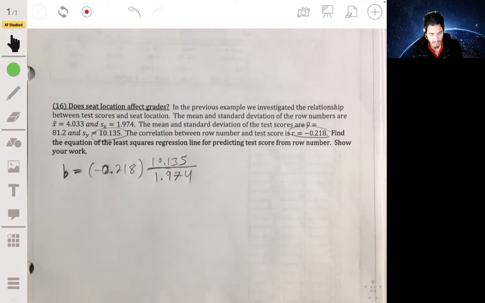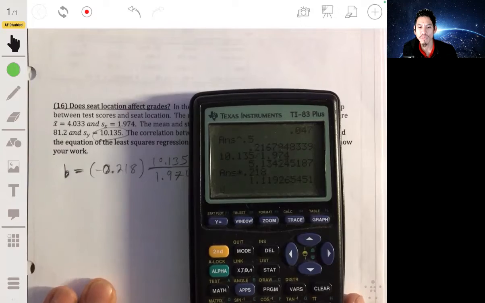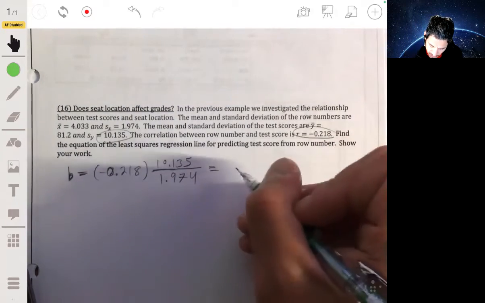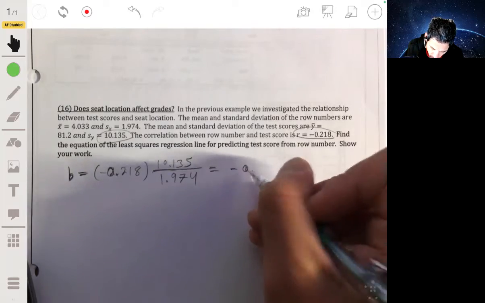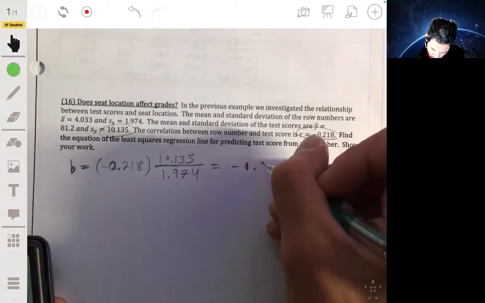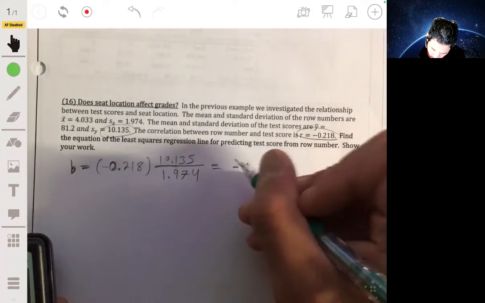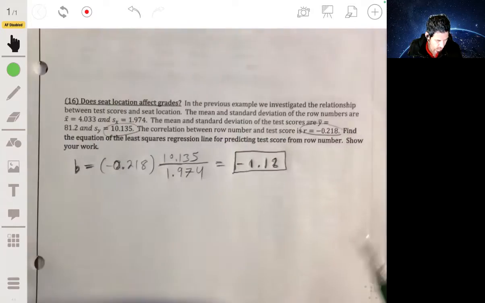So do the math in your calculator, and we're going to get about negative 1.12, which matches what we got in the previous problem. Rounded to the nearest hundredth, negative 1.12.